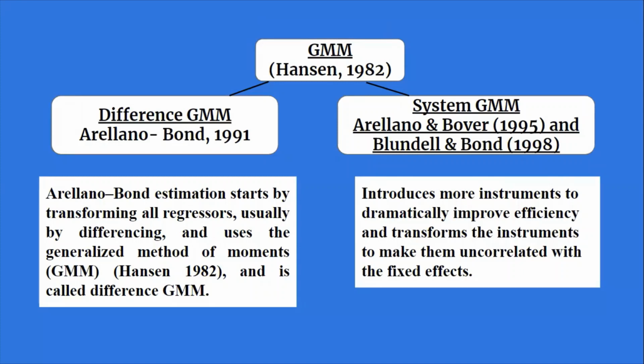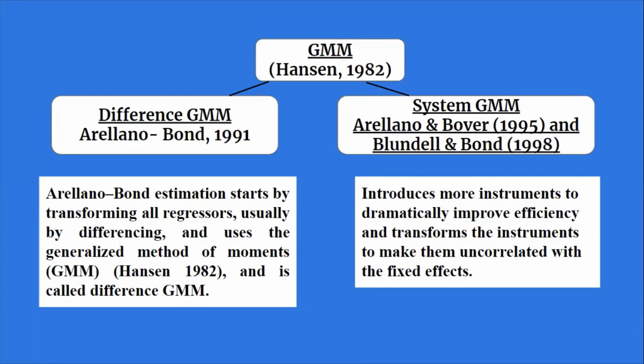The first one, difference GMM, was proposed by Arellano and Bond in 1991, and the second one is system GMM, proposed by Arellano and Bover in 1995 and Blundell and Bond in 1998. Okay, so let's understand the difference between the two.